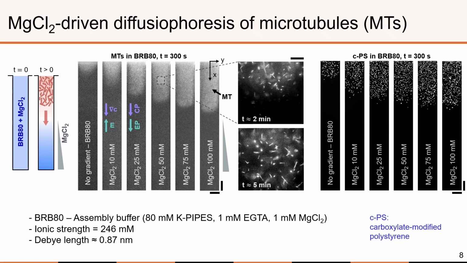The behavior of polystyrene particles is straightforward as it can be directly analyzed with an electrolyte-driven diffusiophoresis and diffusioosmosis model. Therefore, the configurational analogy between the 2 sets of experiments can tell us more about the magnesium chloride-driven migration of microtubules.